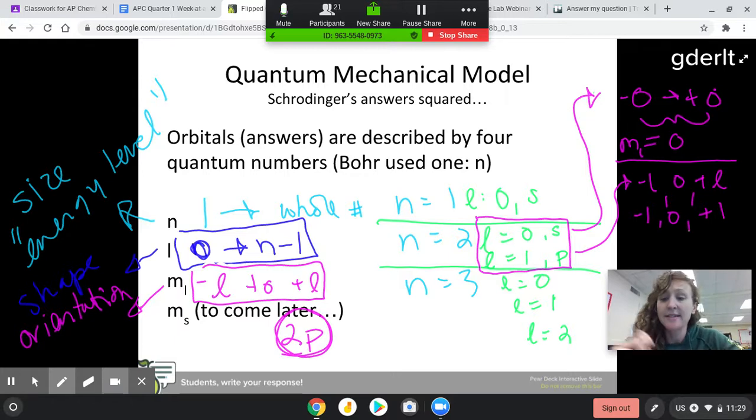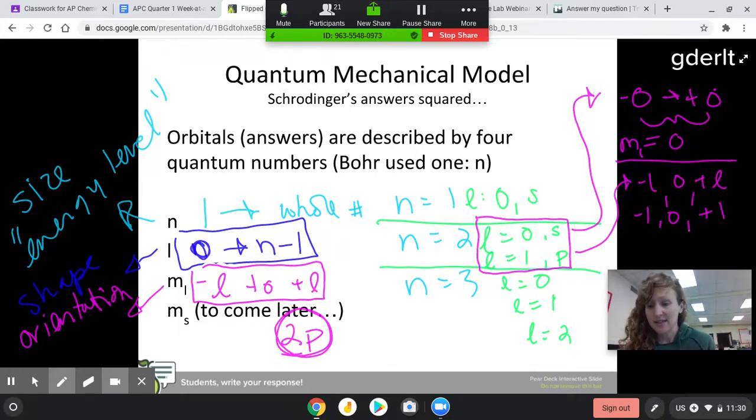So for my dumbbell in the second energy level, there are 3 possible orientations. And that makes sense too. If I have something that's linear like this, or maybe dumbbellish like this, I can orient it in 3 different directions. I can orient it on the X plane, the Y plane, or the Z plane. So 3 orientations for my p orbital.